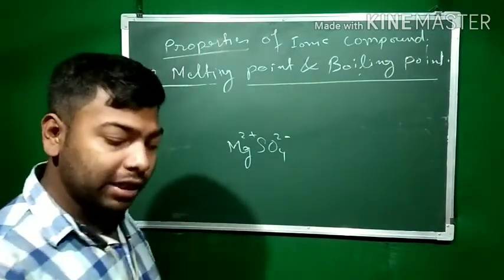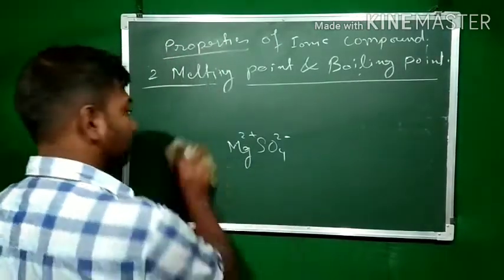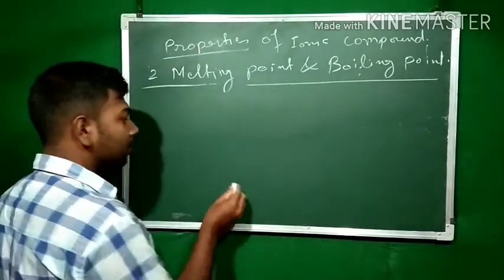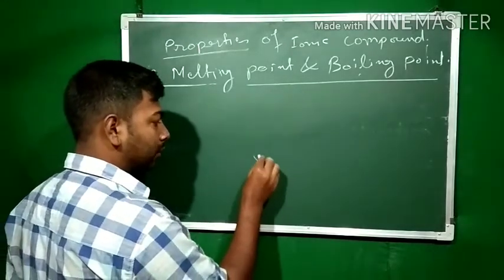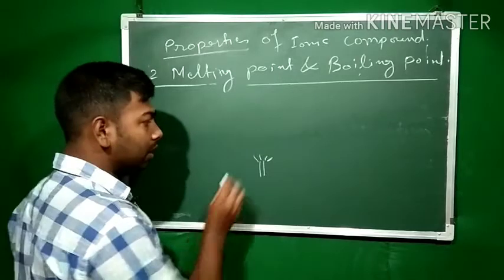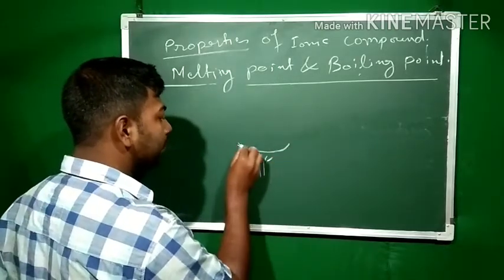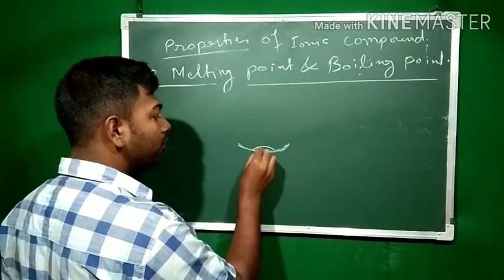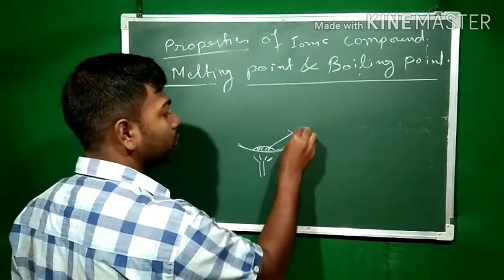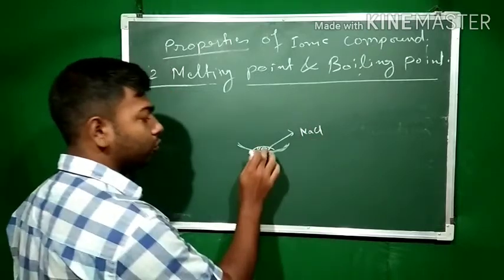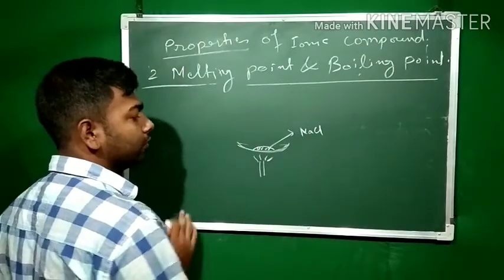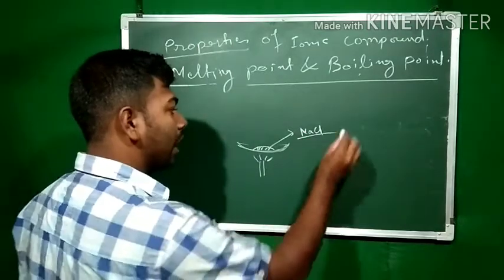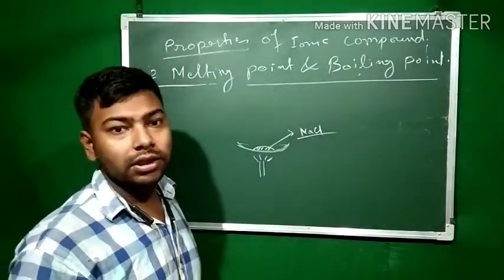Suppose you can do one experiment in your home also. I am explaining. Suppose this is a gas burner. Now here we are taking a simple metal container, and taking 1 spoon of our normal salt. When we heat, we can observe the sodium chloride does not melt easily.